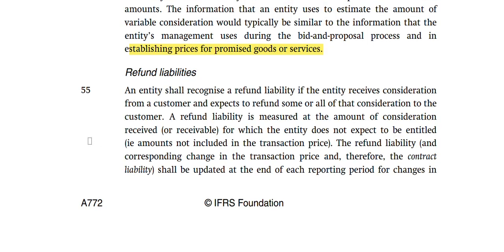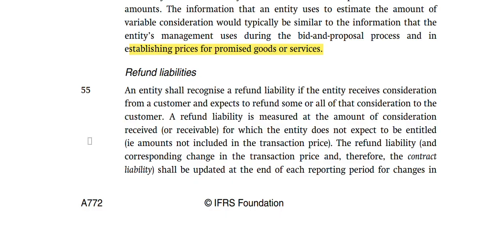An entity shall recognize a refund liability if the entity receives consideration from a customer and expects to refund some or all of the consideration to the customer. A refund liability is measured at the amount of consideration received or receivable for which the entity does not expect to be entitled, that is, amounts not included in the transaction price.